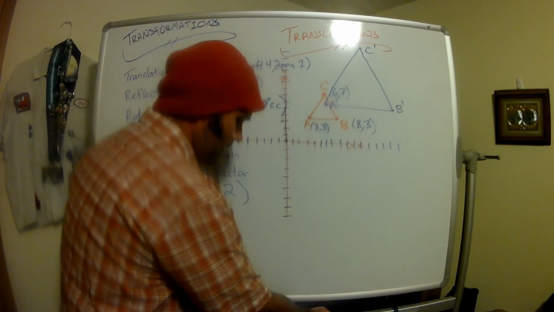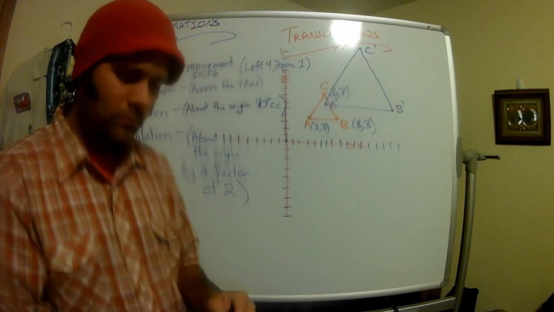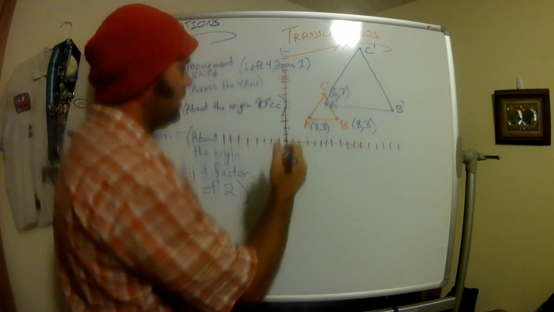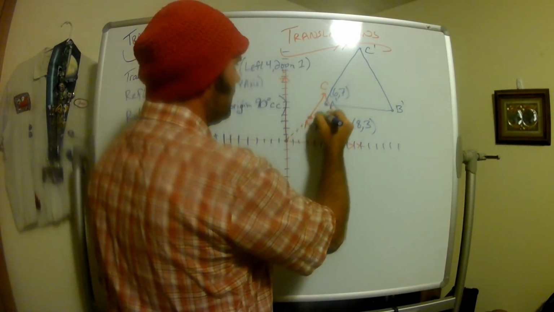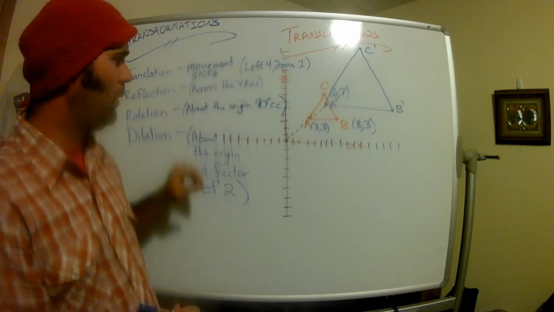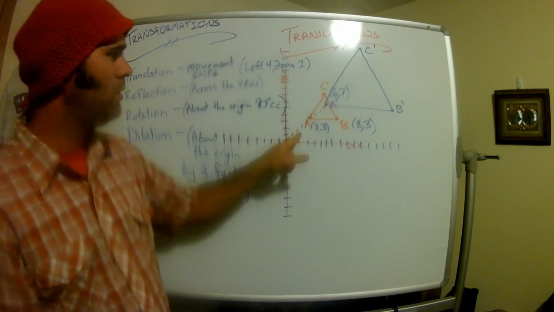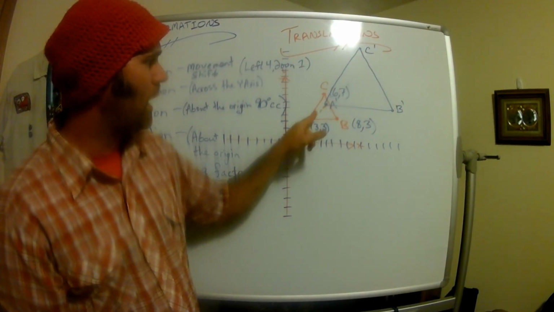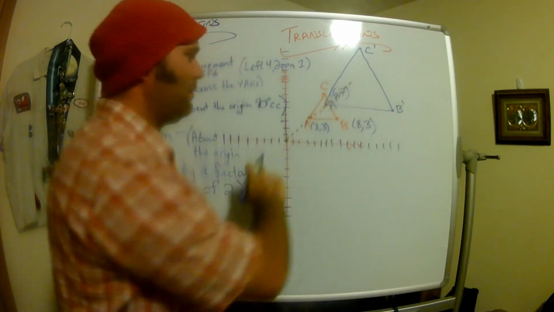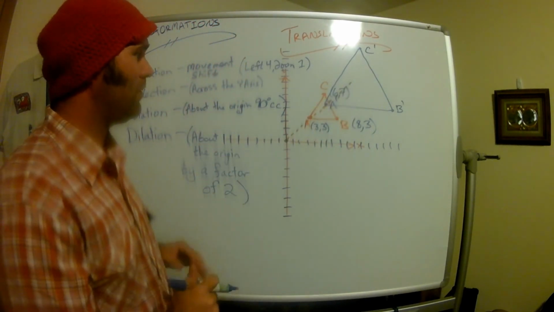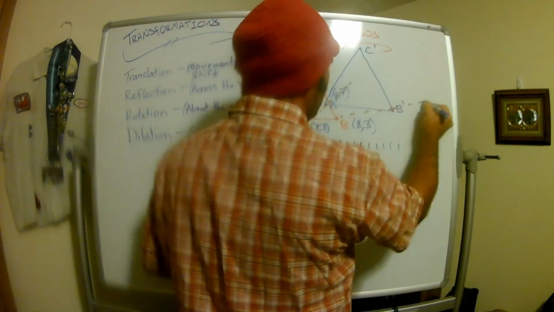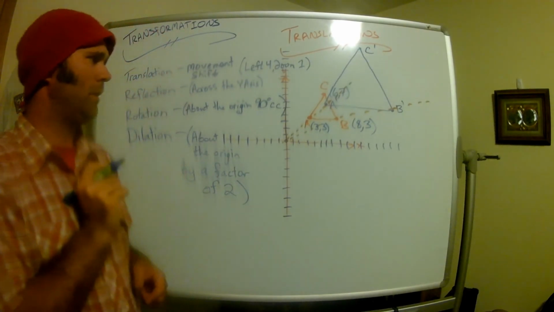One of the things that you can do to tell whether or not your dilation worked is draw a line from where you're going about. Since we went about the origin, we're going through (0, 0), and we're going through A and A prime. And notice they're in the same line. So that's good. And then we can go through B. I might have put B a little low, it looks like.